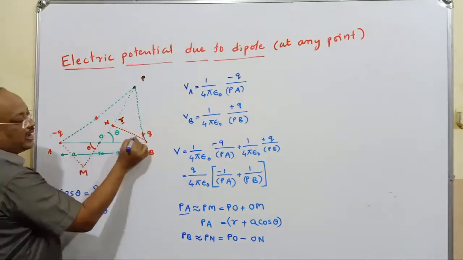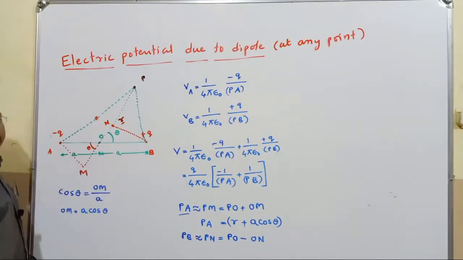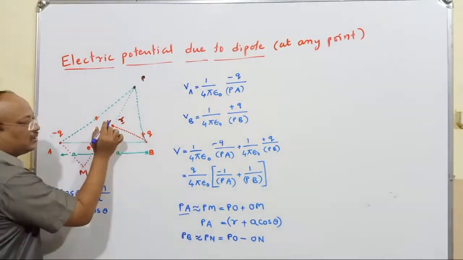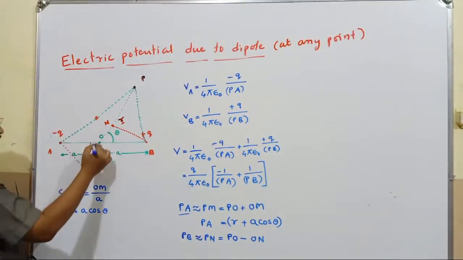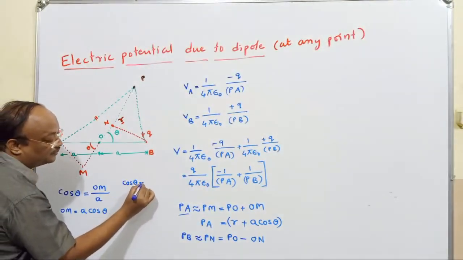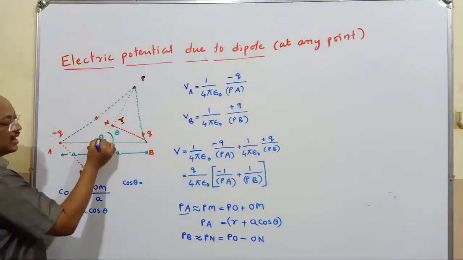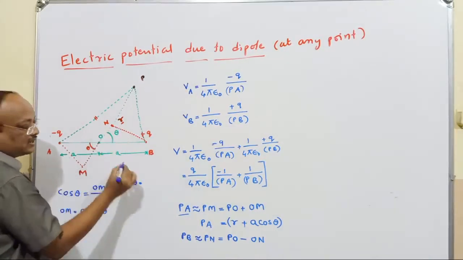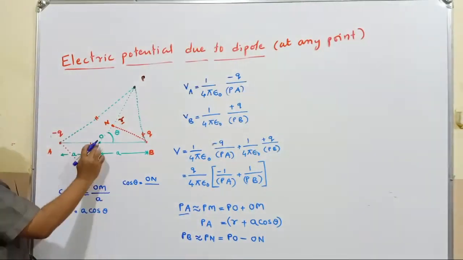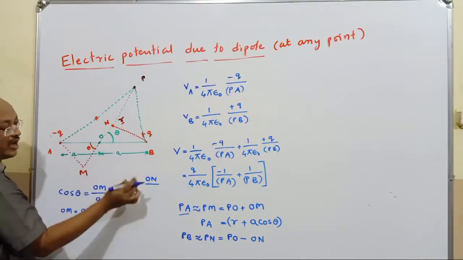So this is our right angle triangle. We'll find the value of ON now. Once again, we'll find it through cos theta. Cos theta is equal to adjacent ON divided by the hypotenuse, and this value is a.